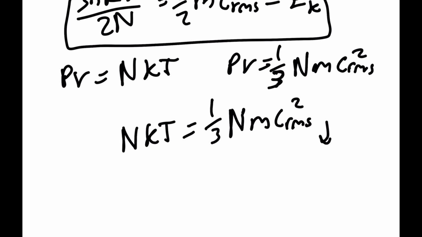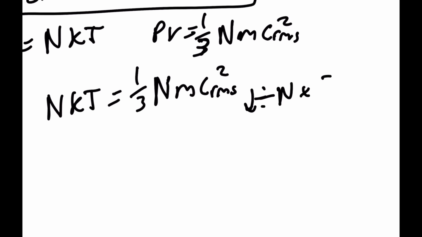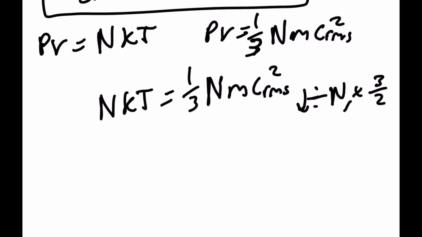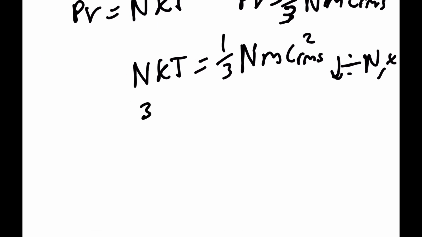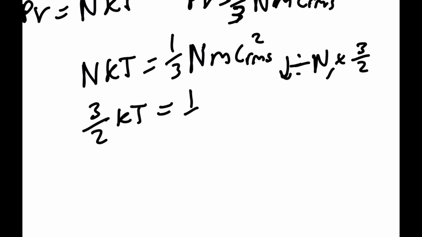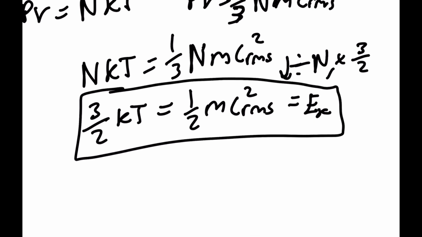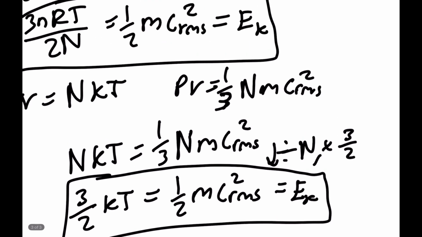We can remove both Ns, divide by N on both sides, and also times by 3/2 on both sides, and we will get 3/2 kT is equal to a half m c_rms squared, which is equal to E_k. That's a good formula that we have. It's another formula that we can get.